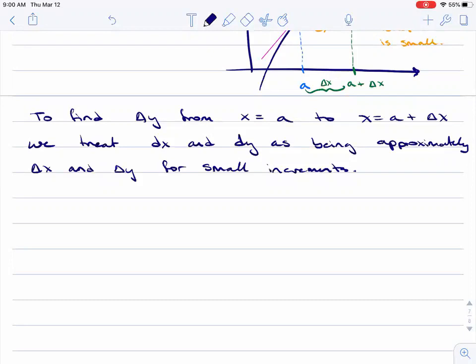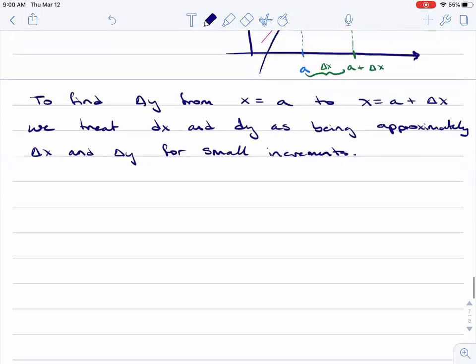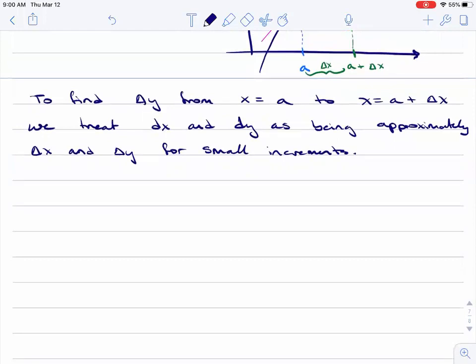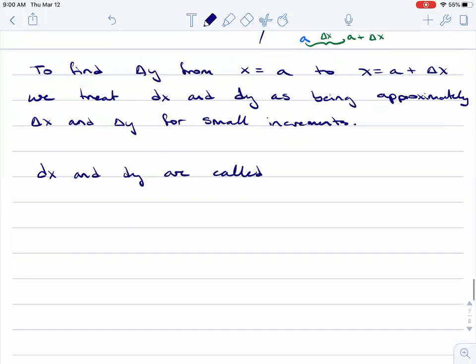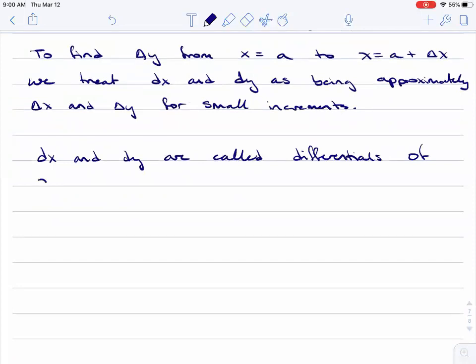So what we do is we call dx and dy differentials. So dx and dy are called differentials of x and y. Just underline differentials there.